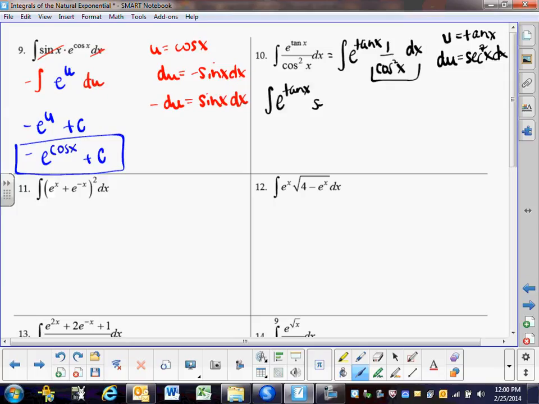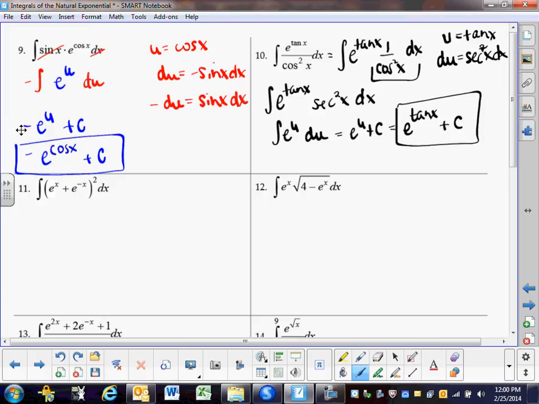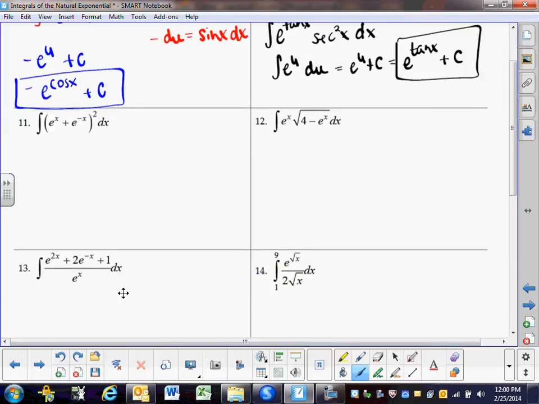So I really want to rewrite this part. I have e to the tangent x, and cosine on bottom is really secant. So then I have a perfect e to the u du, which antiderives as e to the u plus c, which is e to the tangent of x plus c.